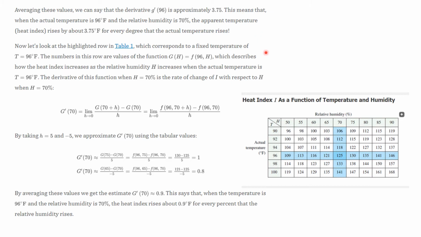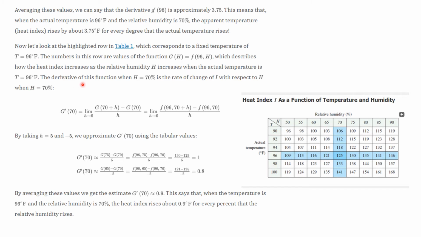Now let's take a look at the highlighted row in the same table. So here is the highlighted row. And again, that's a fixed temperature of 96. So the numbers in the row are the values of the function capital G of H equal F of 96 comma H, which describe how the heat index increases as the relative humidity H increases when the actual temperature is 96.